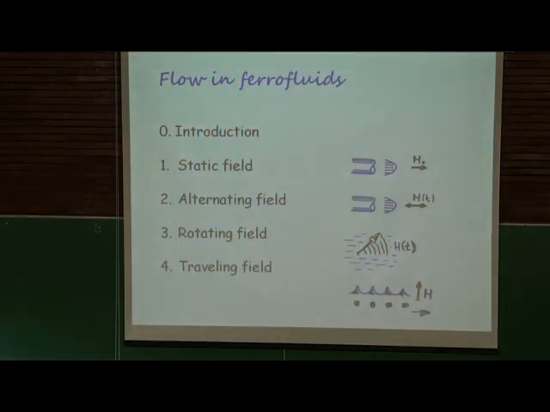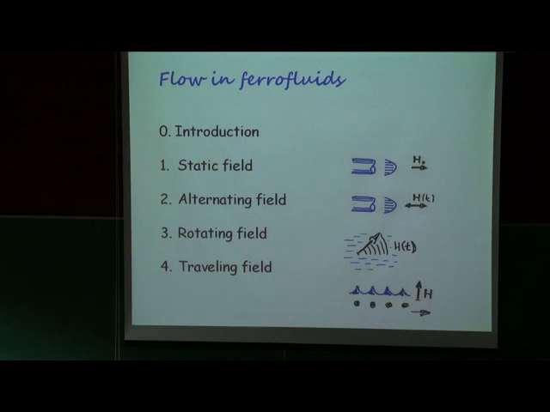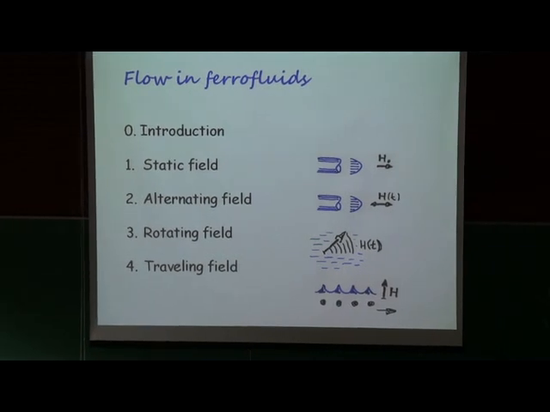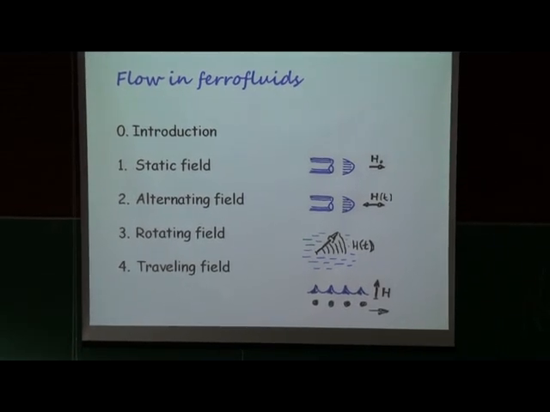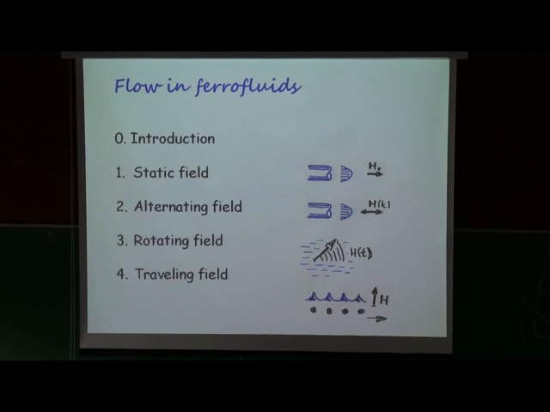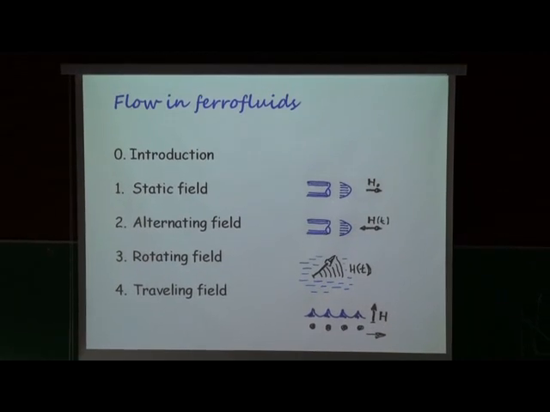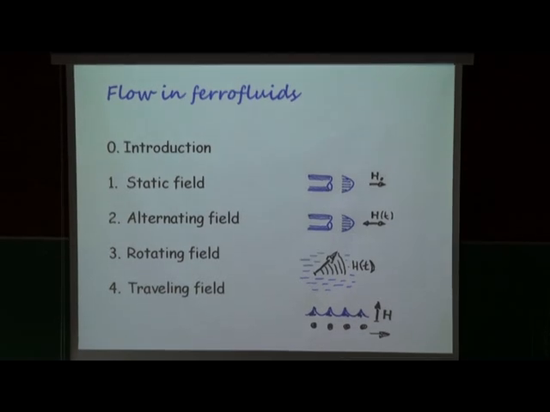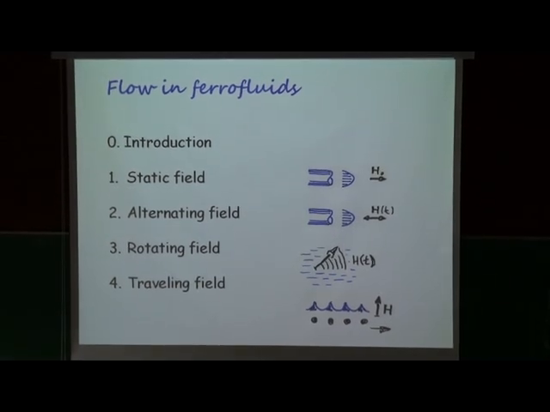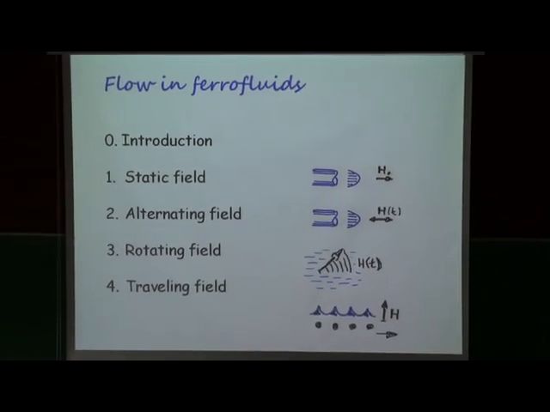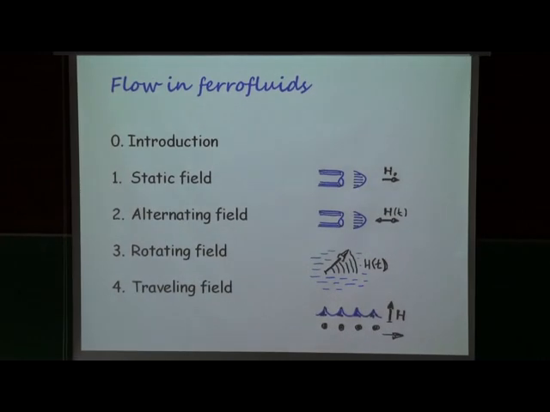The flow in ferrofluids part is made up of 4 chapters. The introduction, where I already had an introduction to ferrofluids, but then a few words about static fields, the impact of static fields on a Poiseuille flow, pipe flow, then the impact of an alternating field on such a flow.